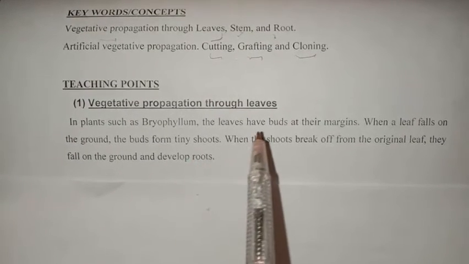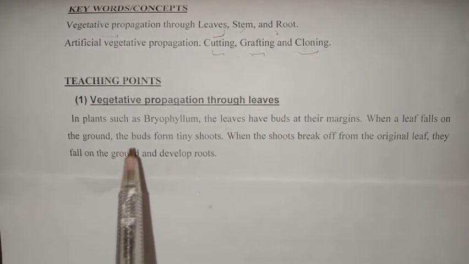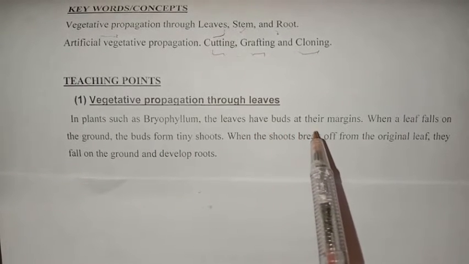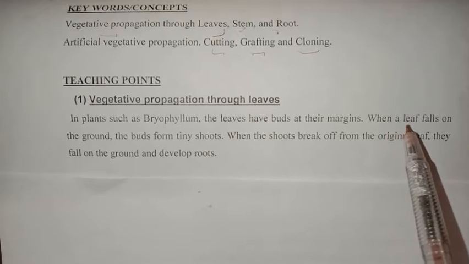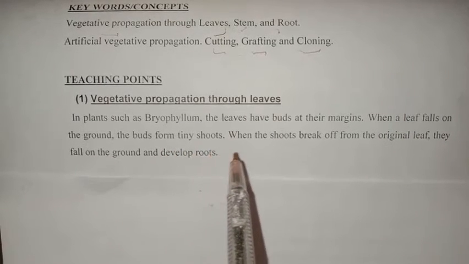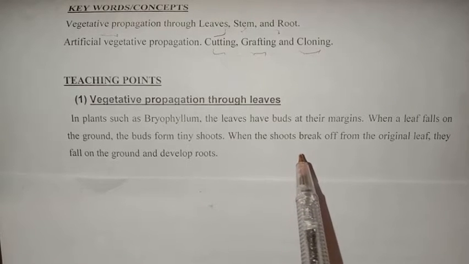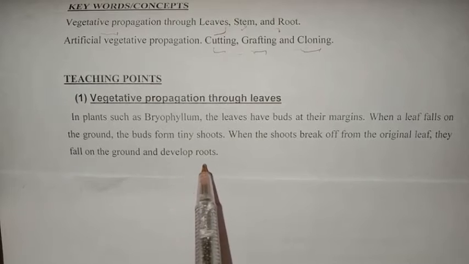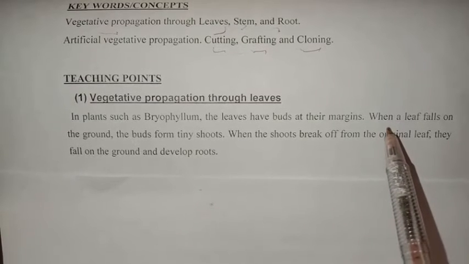First, vegetative propagation through leaves. In plants such as bryophyllum, the leaves have buds or outgrowths at their margin. When leaves fall on the ground, the bud forms a teeny shoot. When the shoot breaks out from the original leaf, it falls on the ground and develops root. So there are two steps.